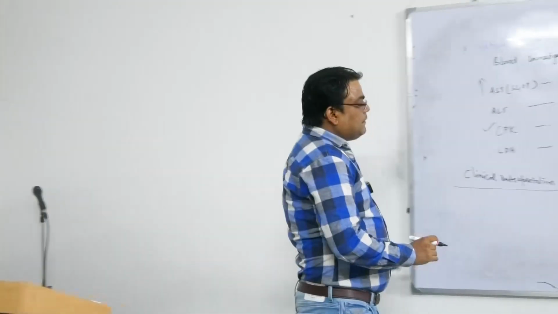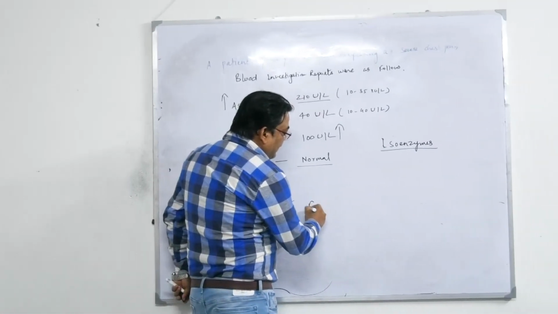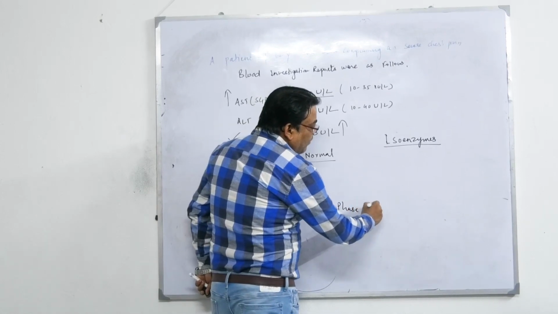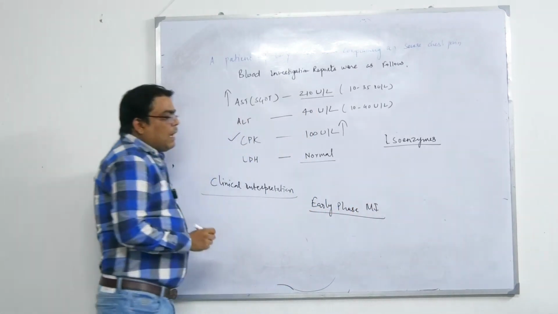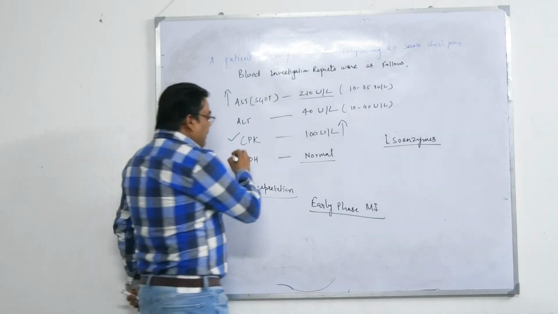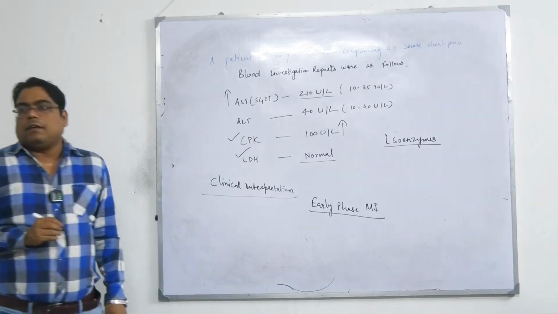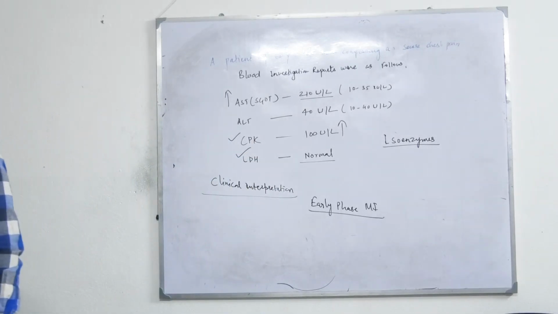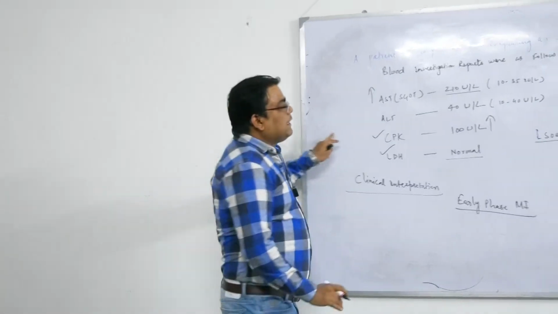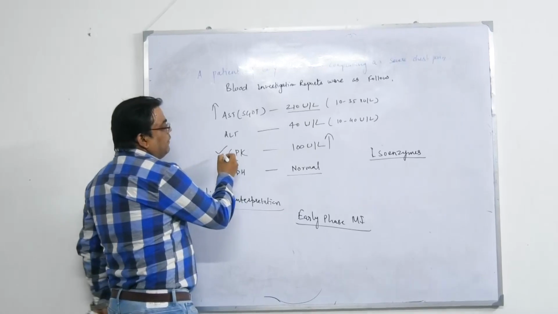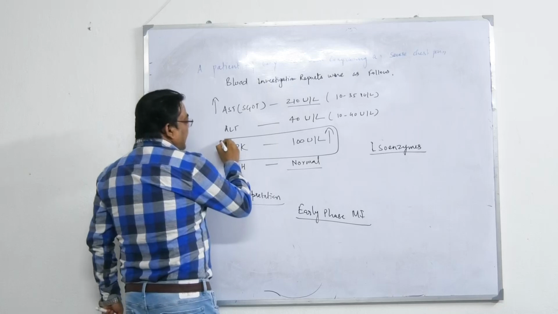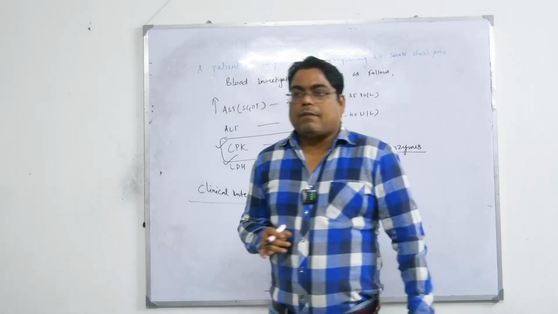So ultimately, this is the case of early phase myocardial infarction. Why am I saying early phase myocardial infarction? Because lactate dehydrogenase is normal. AST is increased, and here the CPK value also rises. So ultimately, this is the early sign of myocardial infarction.